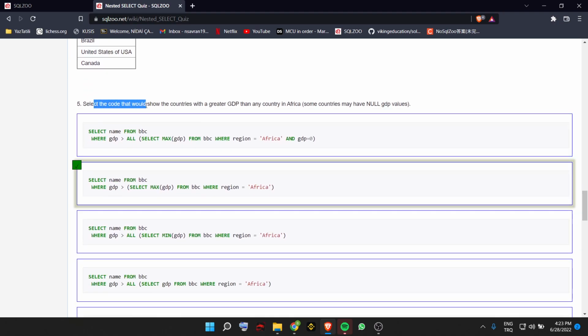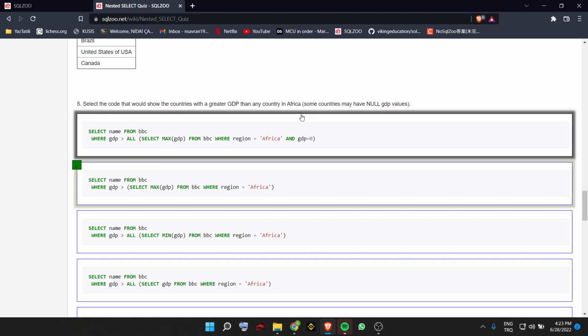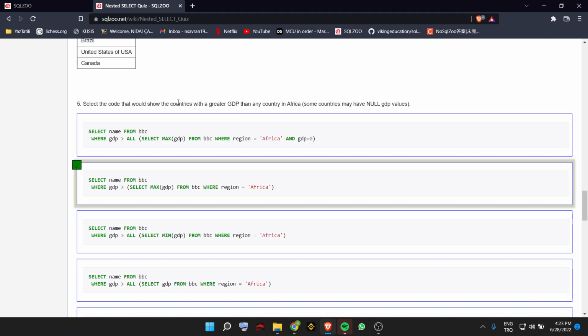Select the code that would show the countries with a greater GDP than any country in Africa, and we should consider null GDPs, but we will deal with max GDP, so null does not affect us. So to find countries that have greater GDP, we should find the maximum GDP in Africa, then compare it with our country.